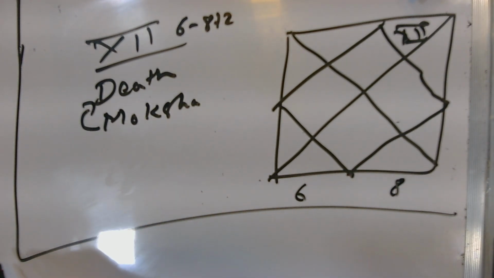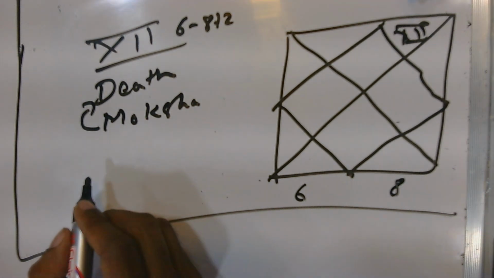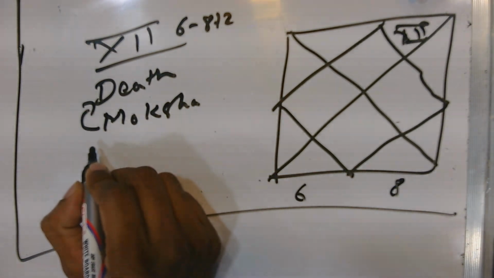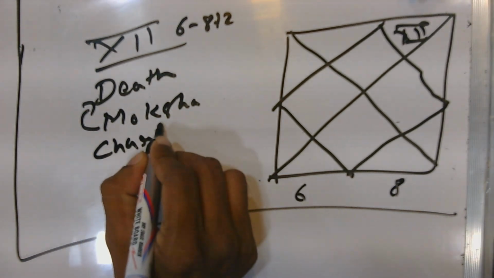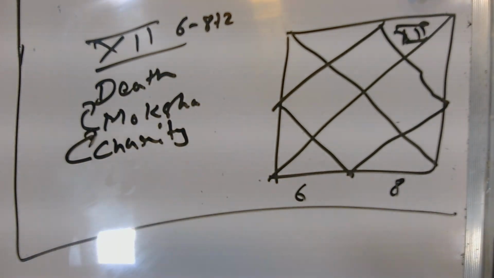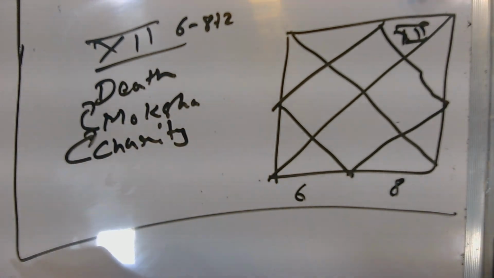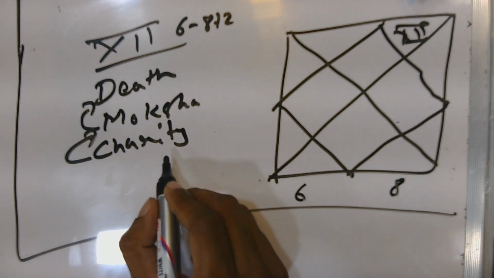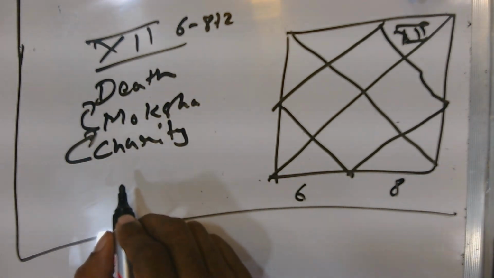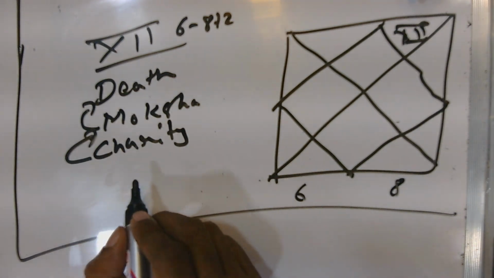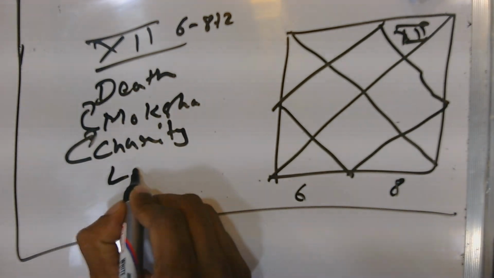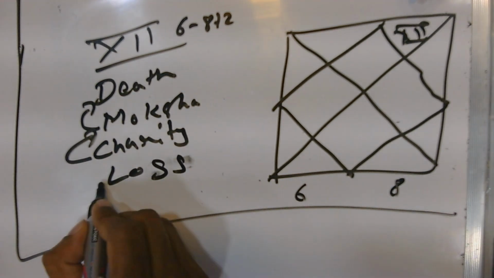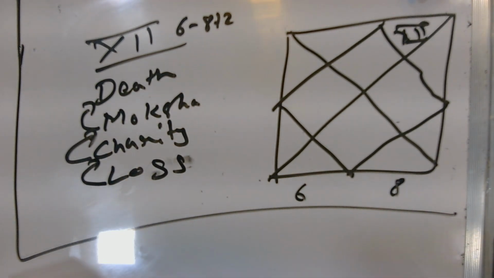This house is also associated with things like charity, somewhat related to moksha. In death you are losing, but in charity you are gaining something else. This house is also associated with loss. You are losing something.